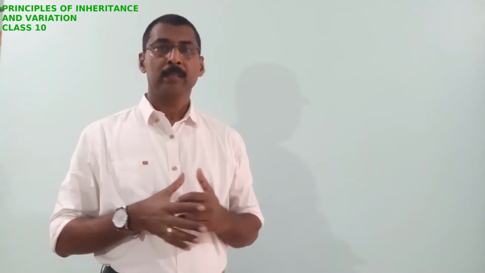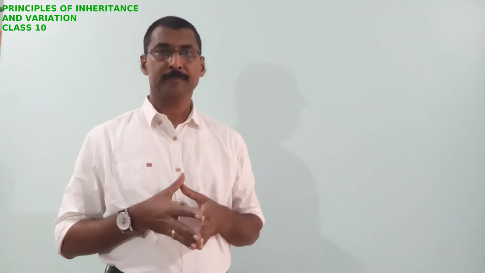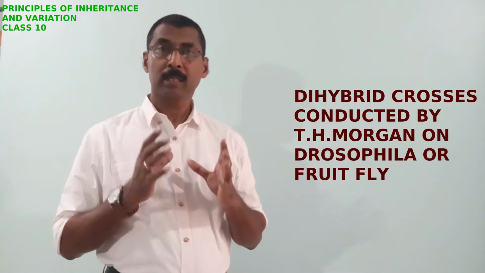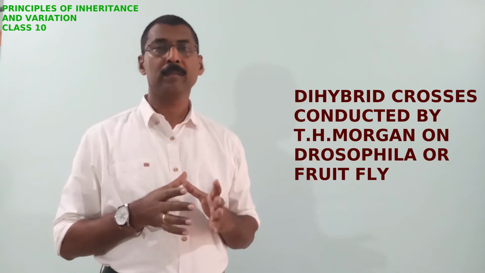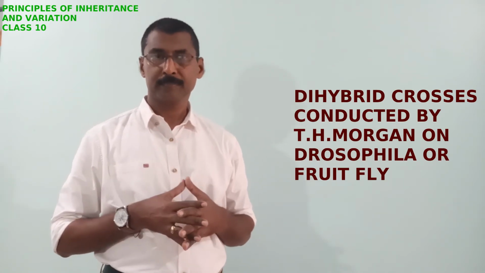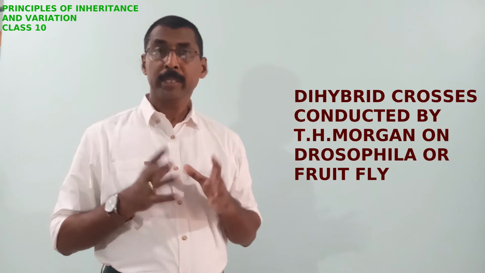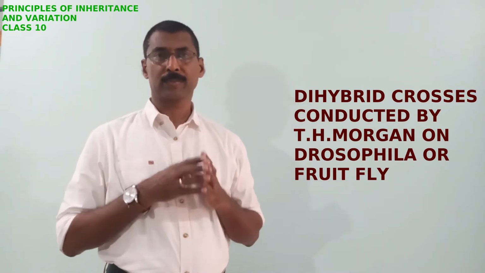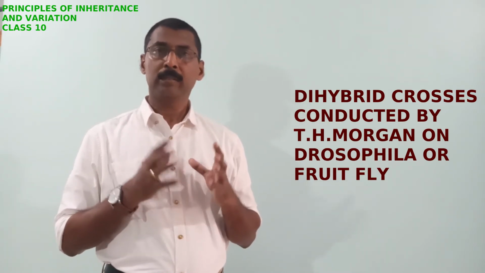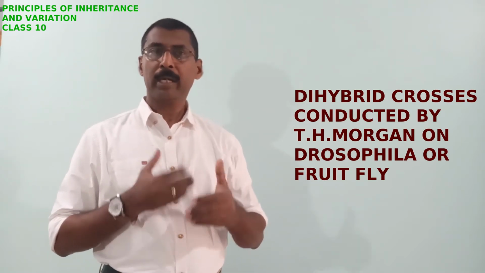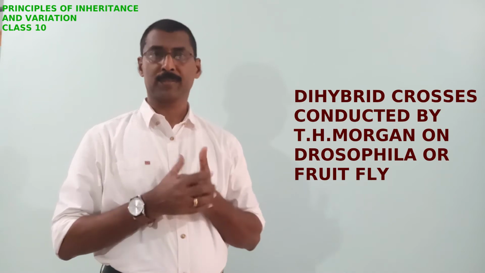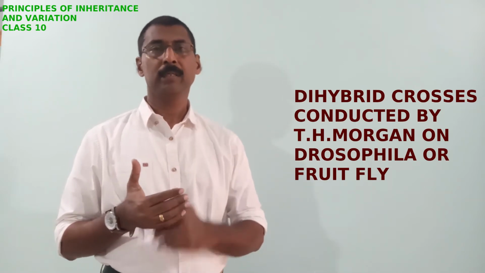So we have seen in the last class the experiments conducted by Thomas Hunt Morgan on Drosophila melanogaster, or fruit fly. He conducted dihybrid crosses on the fruit fly and arrived at certain conclusions that we have seen in the last class.